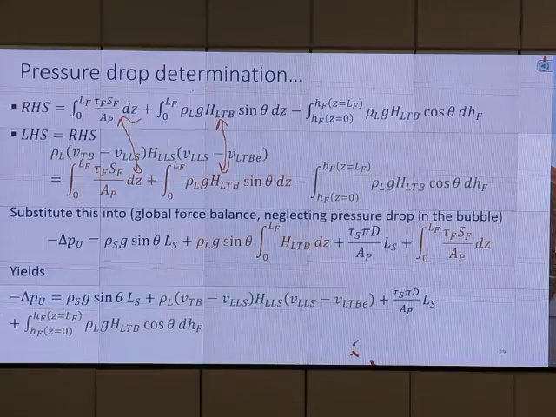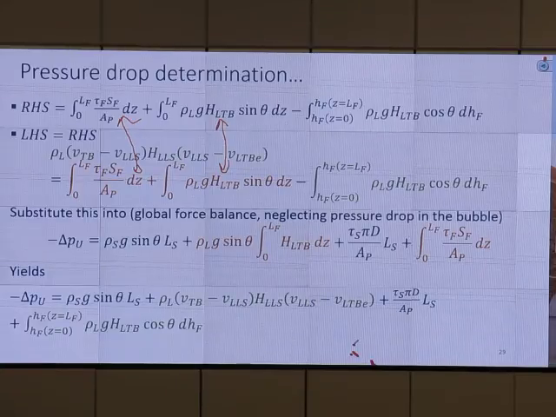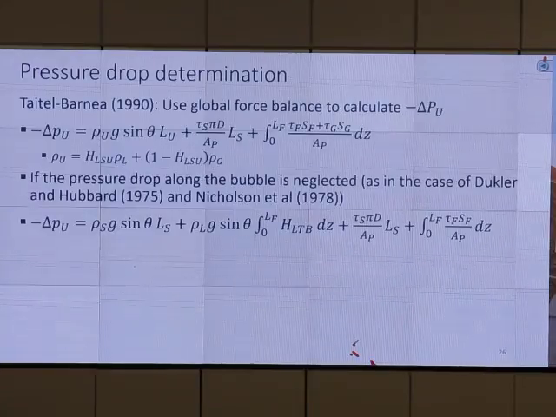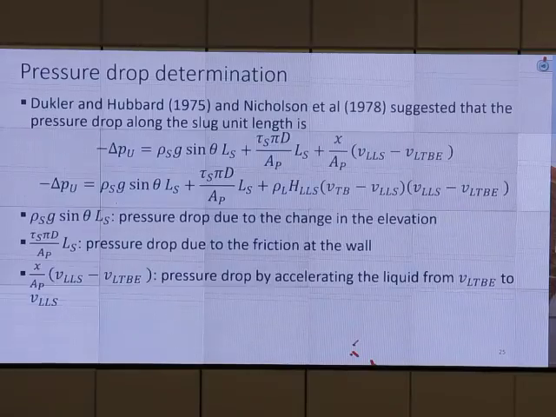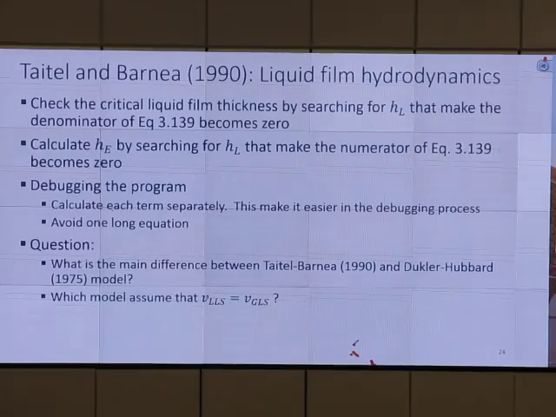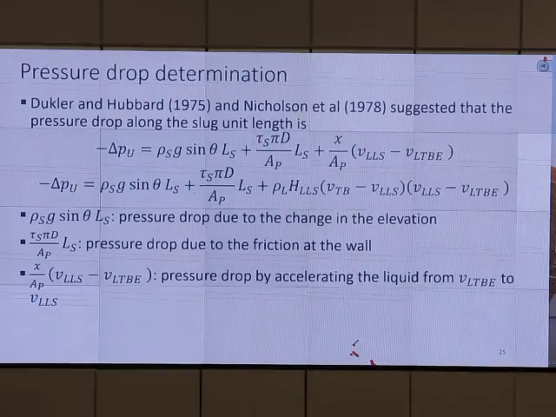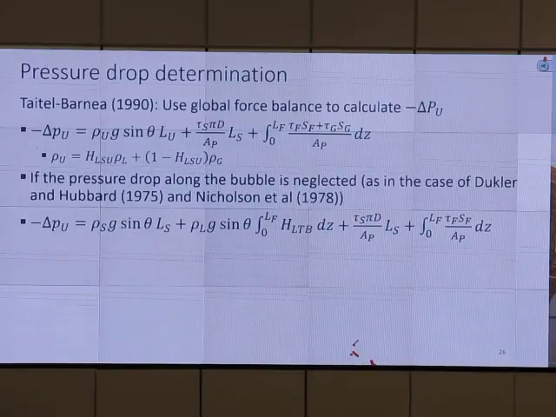Now we substitute into the global force balance and we neglect the pressure drop in the bubble. You still remember the global force balance that we had earlier? For Taitel-Barnea, we have this one, right?